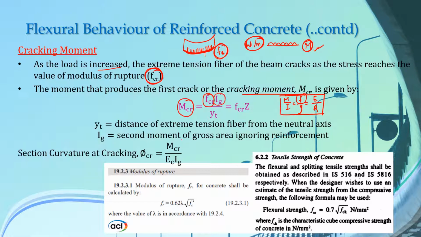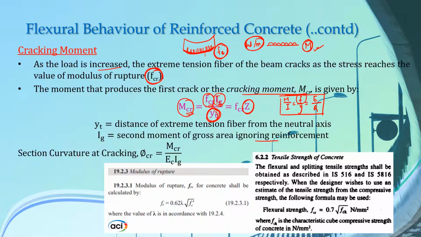Ig means the second moment of gross area ignoring reinforcement, and Yt is the distance of extreme tension fiber from the neutral axis. So the symbols are the same, except these suffixes have been added here, which represent different things. This is the cracking moment, this is modulus of rupture, this G means the gross second moment of area, and Yt is the distance of extreme tension fiber from the neutral axis. Again, Ig over Yt can be substituted as the section modulus Z.